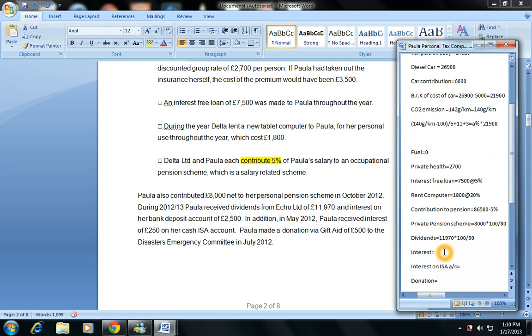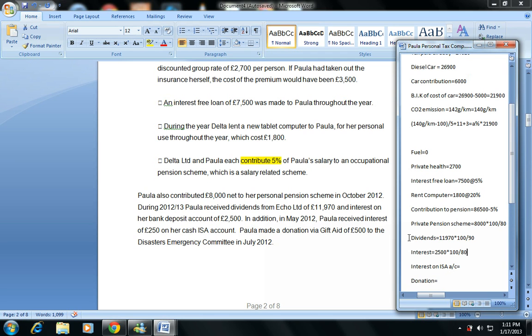That's the gross up. And when you go to deposit account, the interest is 20%, so it's 2,500 times 100 divided by 80.